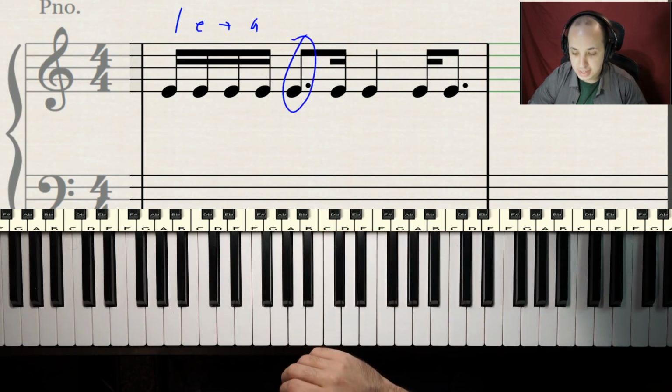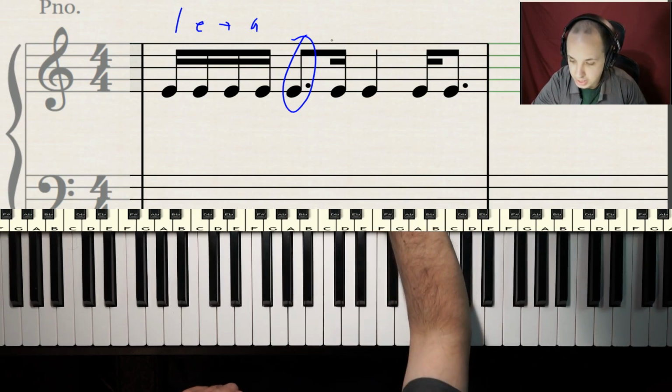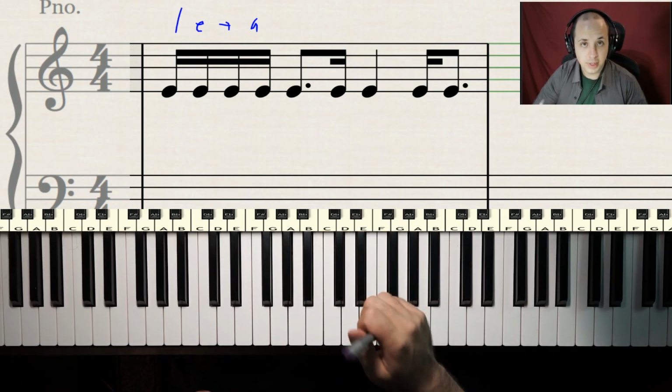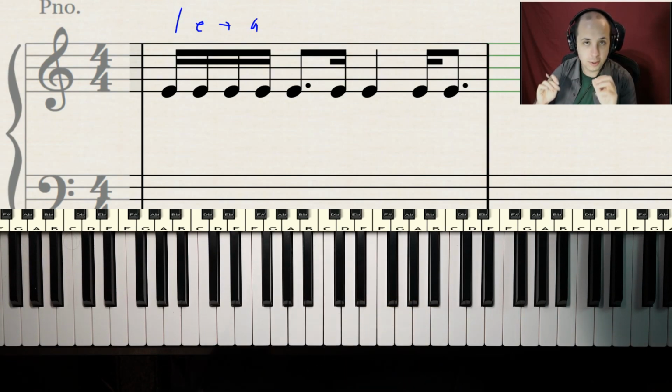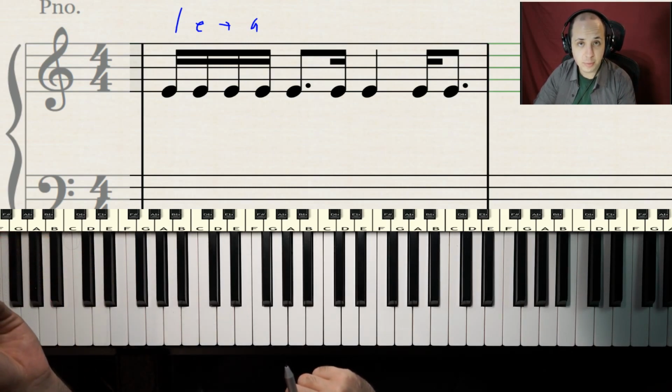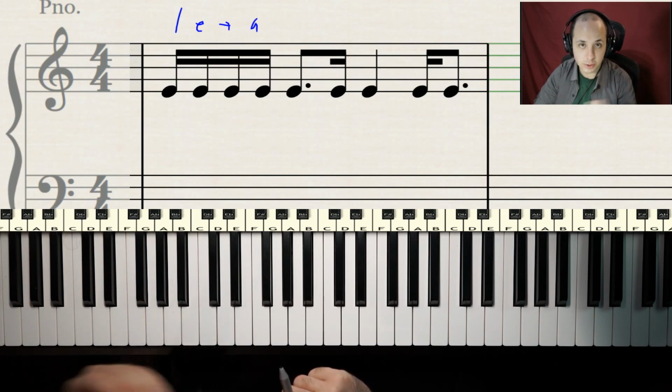We have a dotted 8th note connected to a 16th note there. Well, how many beats does that dotted 8th note take up? Think about it this way. Remember that the dot adds half of that note's value back to itself. So if an 8th note is worth half of a beat, it's half plus half of a half, which is a quarter.